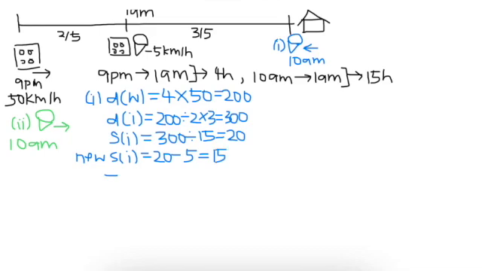Therefore, the time taken of I will be the remaining distance, which is 200, divided by 15. This gives us 13 and 1/3 hours, which is equivalent to 13 hours 20 minutes.